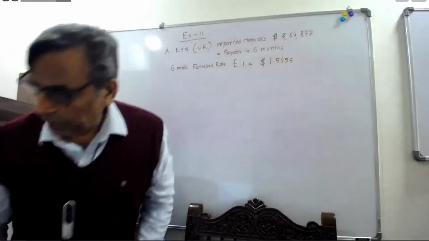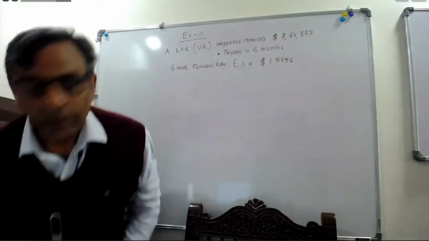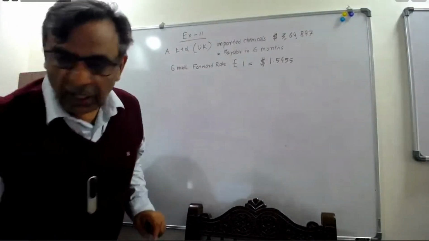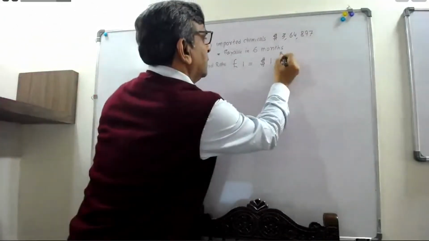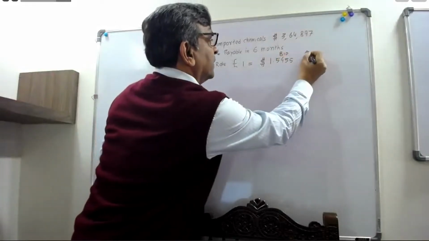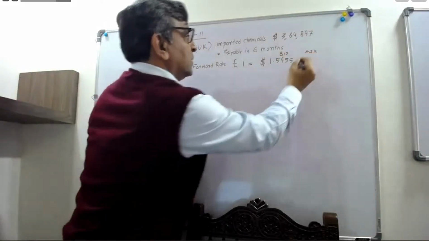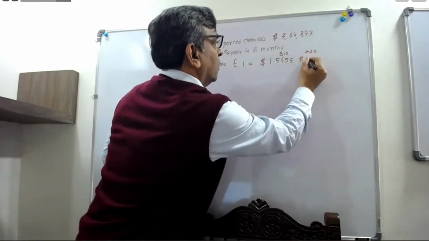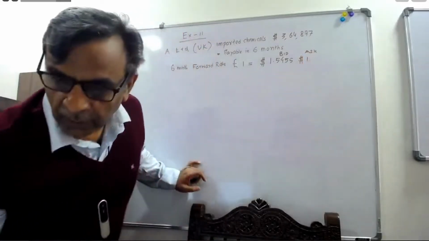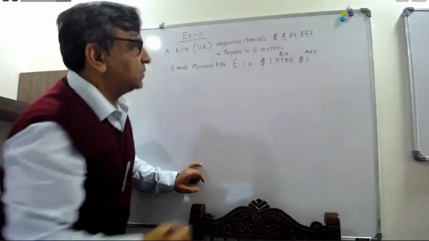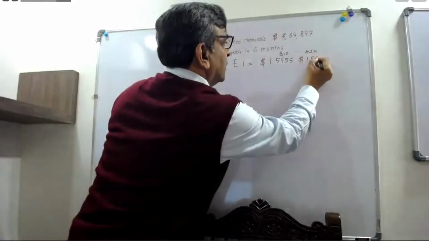Are you able to see the screen? So this is the bid rate, and the ask rate is also given, which is $1.5609.